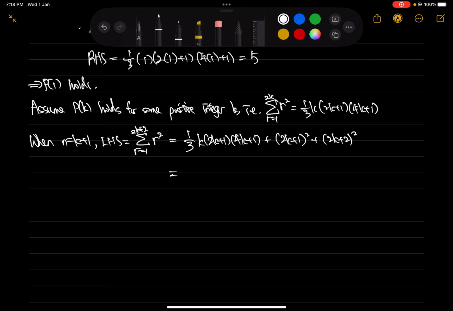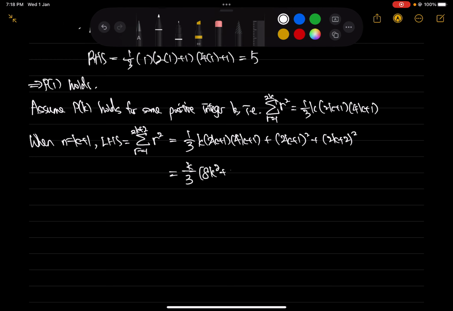Which means I think we have 1 over 3 of, I'm just trying to expand the brackets here.